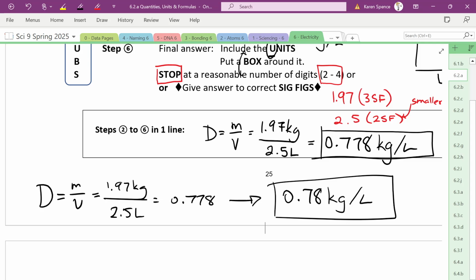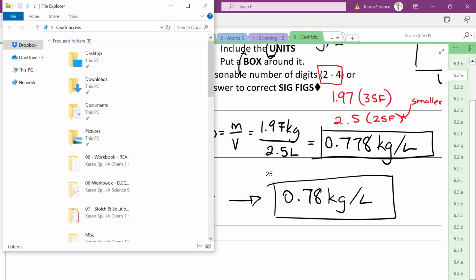Folks, I'm gonna print out some sig fig stuff. Who would like that? 1, 2, 3, 4, 5, 6, 7, 8, 9, 10, 11. Okay, I will do that. I'll get that to you before you leave today.